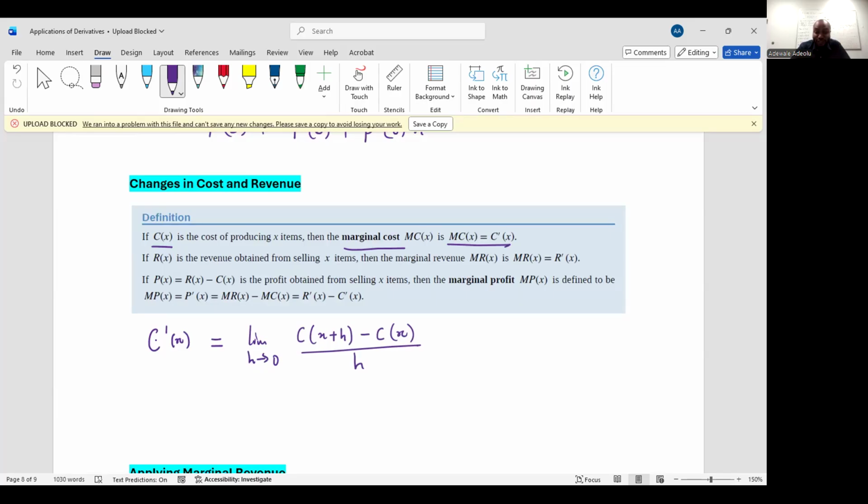Now, just like we did the other time, if we take our h to be very small, in this case, because we are producing items, the least item we can produce is 1. So that means C prime of x is approximately equal to C of x plus 1 minus C of x, divided by 1, which is this.